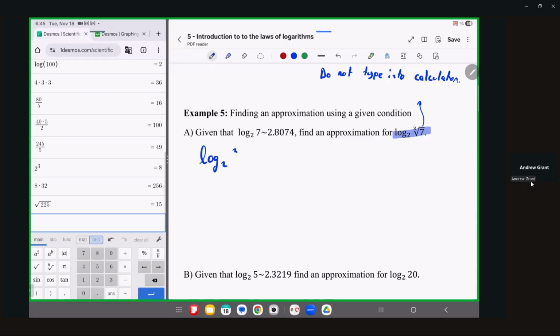So in this case, if we have log base 2 of the cube root of 7, well, that's the same thing as log base 2 of 7 to the power of a third. So here we convert to a rational exponent.